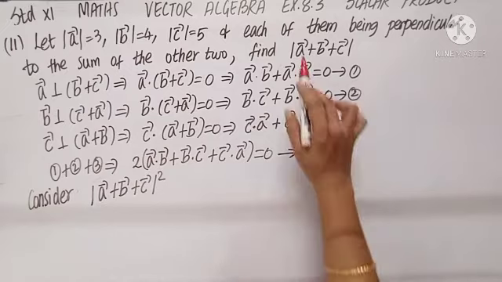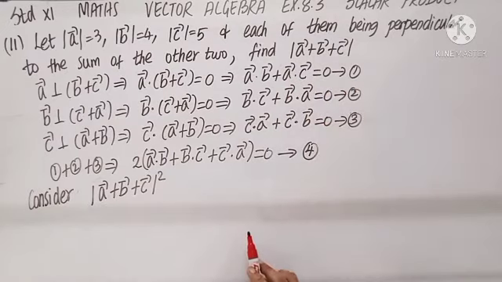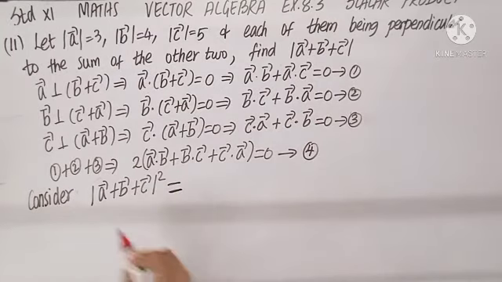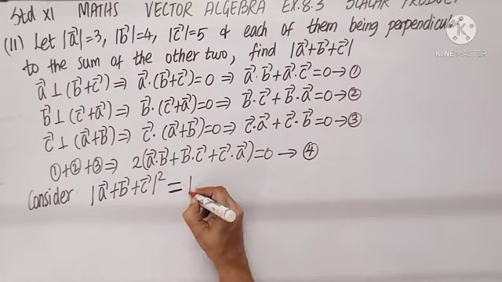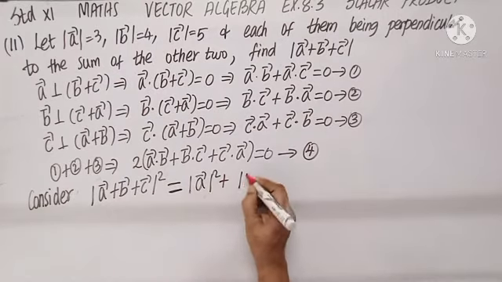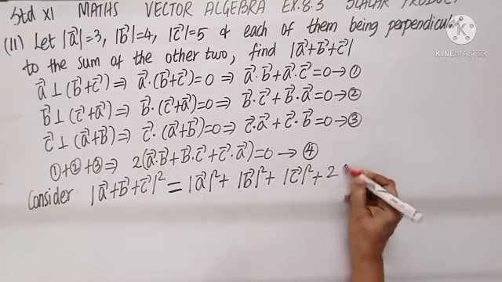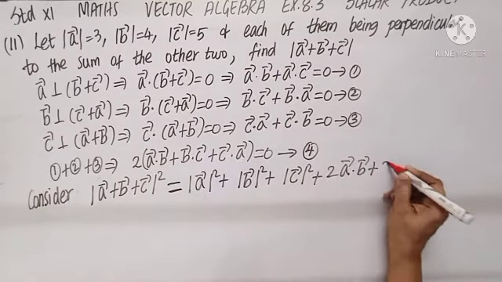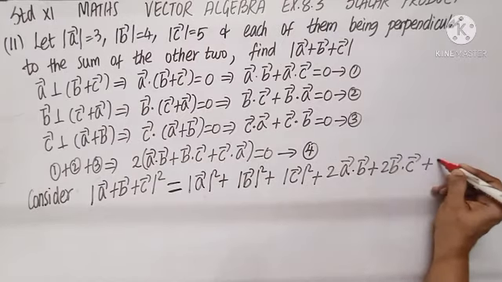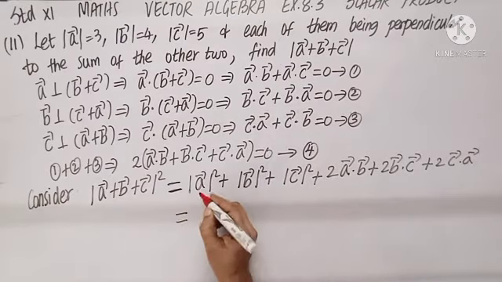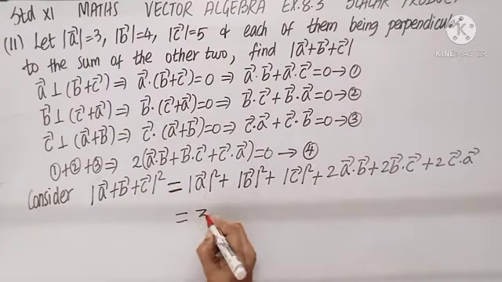We need to find modulus of A plus B plus C. Whenever they ask modulus, let us consider the square of it because we know the formula only for the square. What is A plus B plus C the whole square? A square plus B square plus modulus of C square plus 2A dot B plus 2B dot C plus 2C dot A. As we know, mod A square given it is 3, so 3 square.